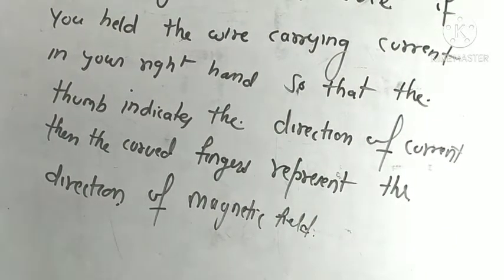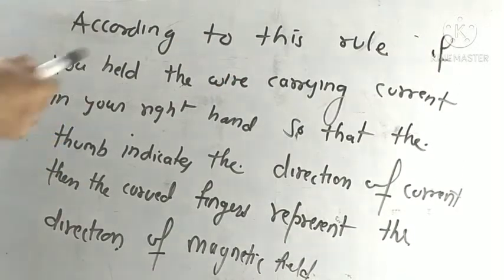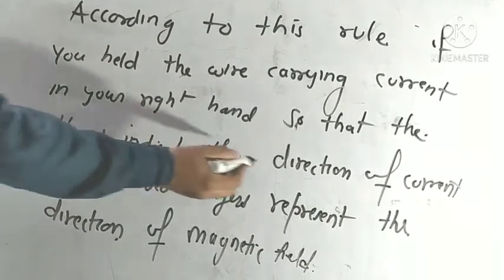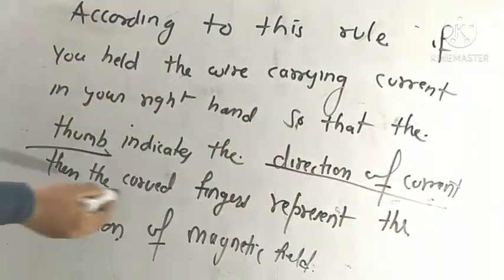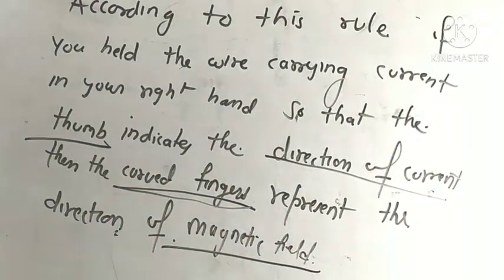I repeat again, the right hand thumb rule. According to this rule, if you hold the wire carrying current in your right hand so that the thumb indicates the direction of current, then the curved fingers represent the direction of magnetic field.